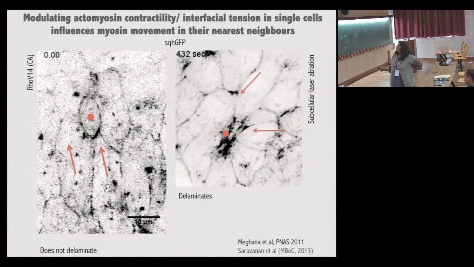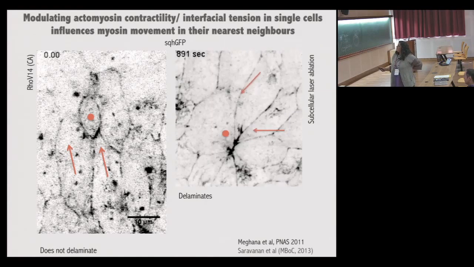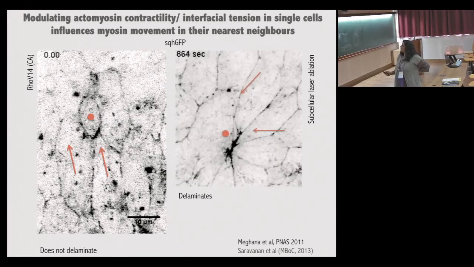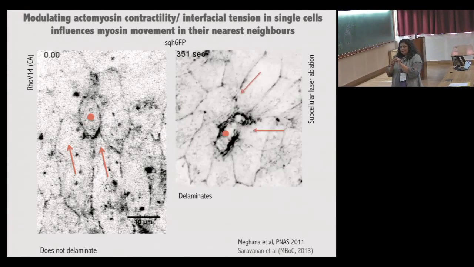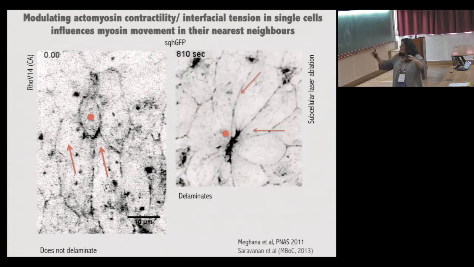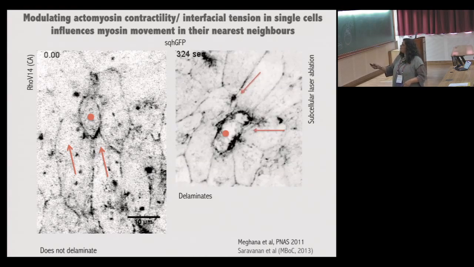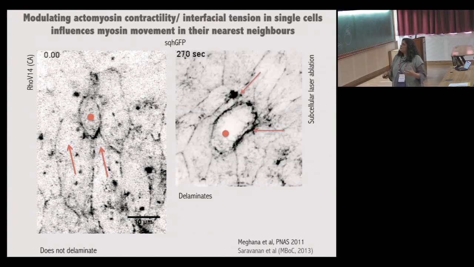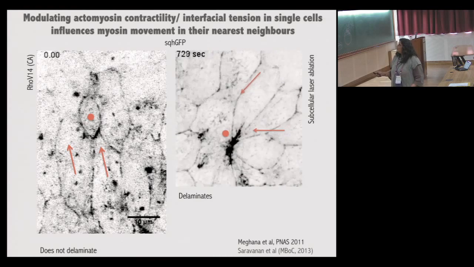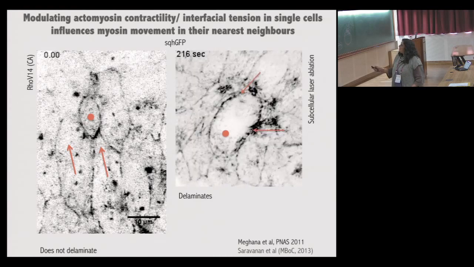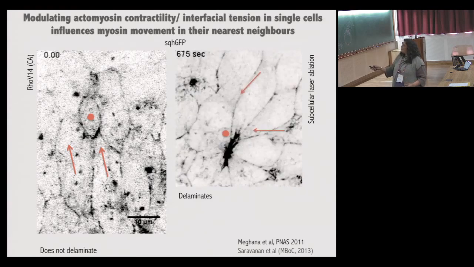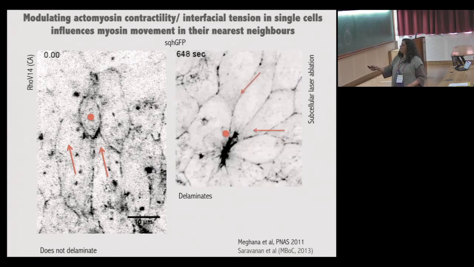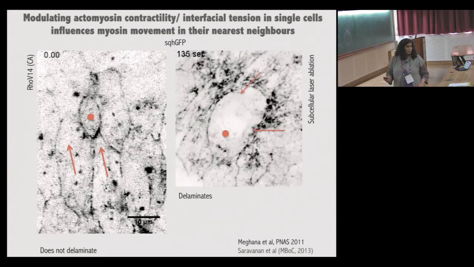So here we've used a laser to make a perturbation that's largely cytosolic, an ablation directed at an interface, which allows you to see the expansion of the cell as a result of the release of pre-stress in the cell. This is followed by constriction of the cell and its extrusion.